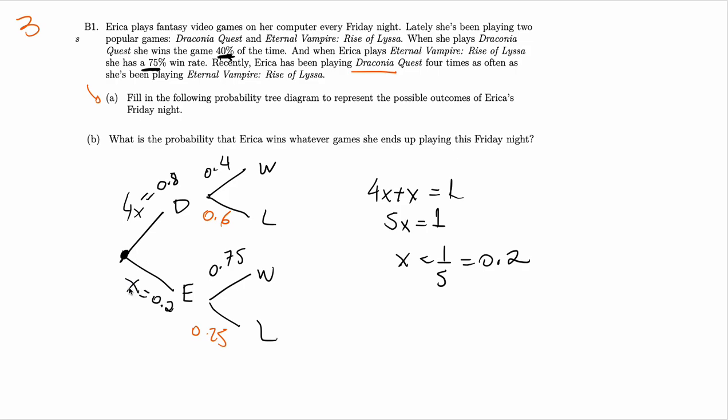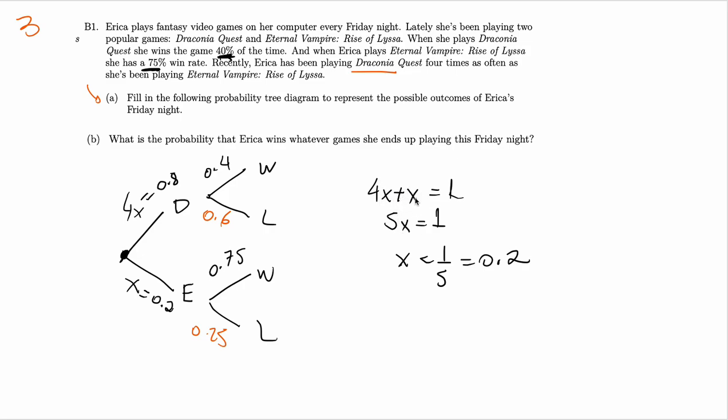So if this number here is x, the number on the top branch is 4x. Okay, I get that. How did we get 0.2? So there's a property of the tree that says that each branch has to sum up to 1, right? Okay. So when we do x plus 4x equal to 1, you can solve for x.